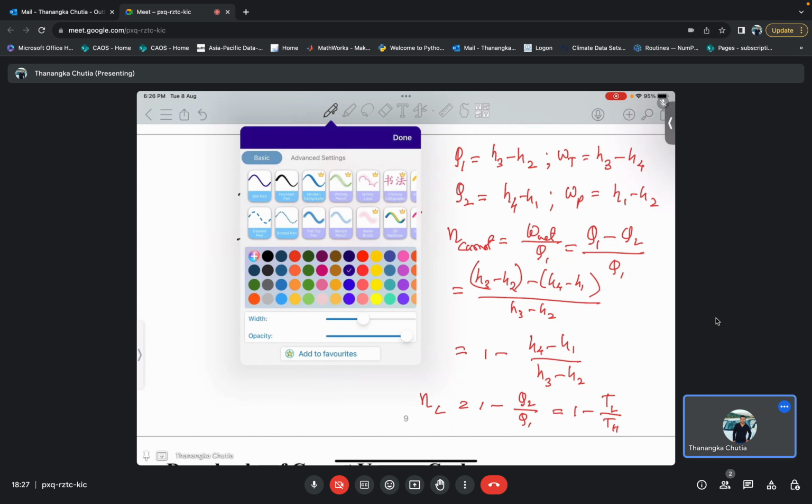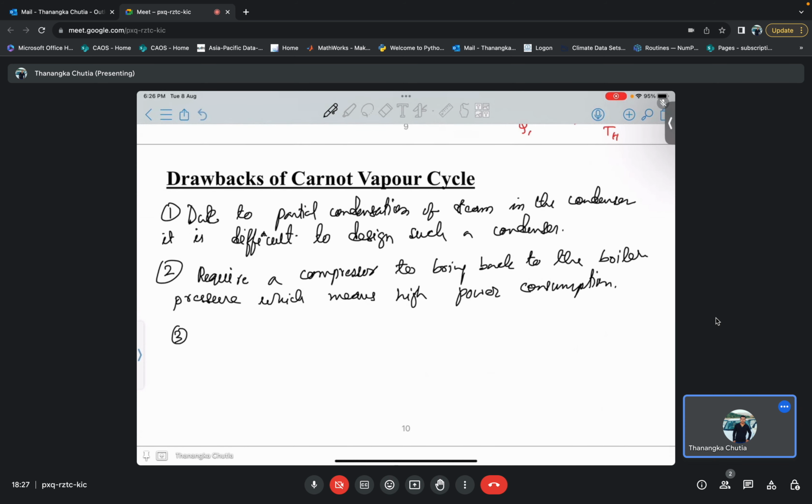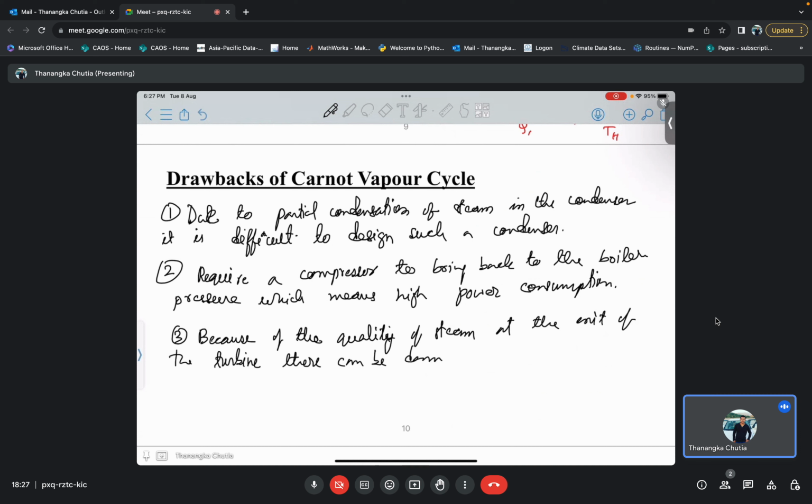So because of the quality of steam at the exit of the turbine, there can be damage of turbine blades. These are the drawbacks of the Carnot vapor cycle.